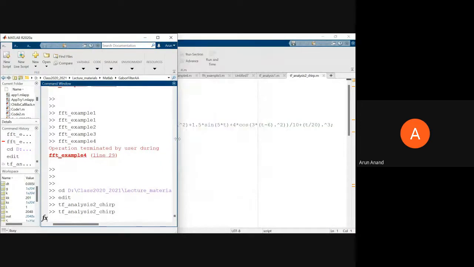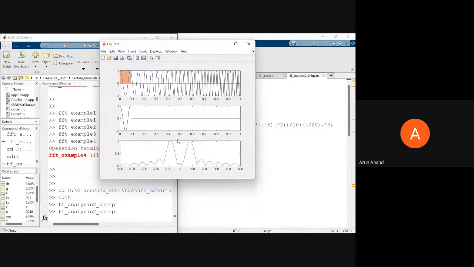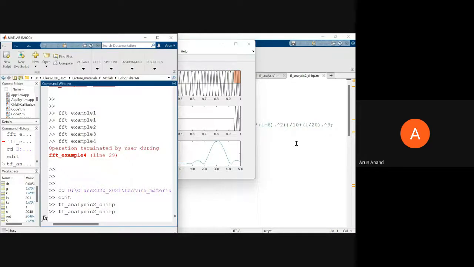Now, if you look at the top figure, I'll freeze in between, then you'll know.